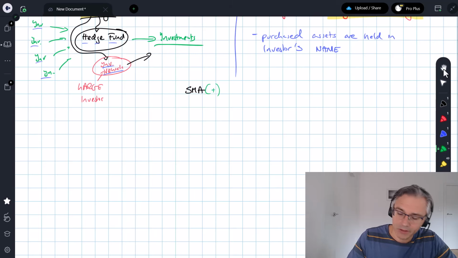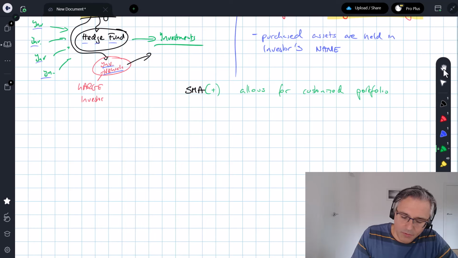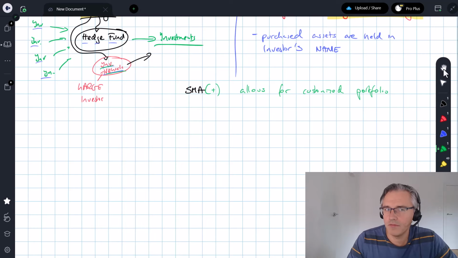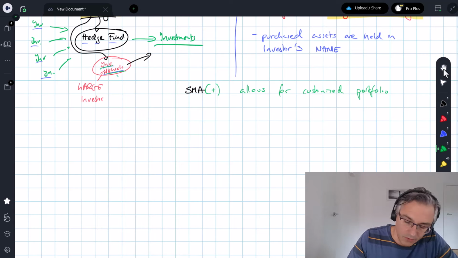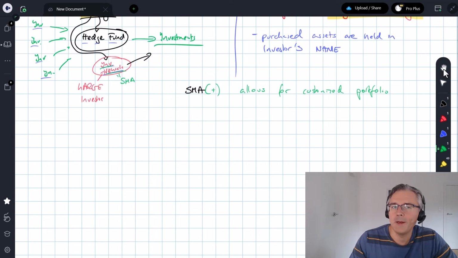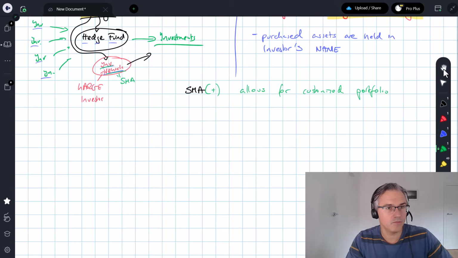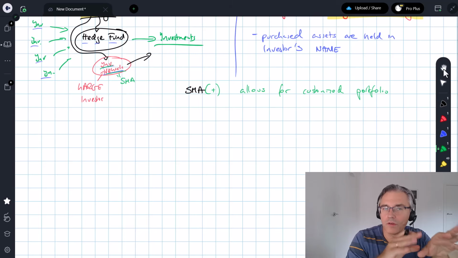It allows for definitely a more customized portfolio, because what goes into that separately managed account, this investment vehicle, which effectively is the SMA, doesn't have to be exactly the same stuff that goes into the hedge fund running parallel here. Certain assets may be omitted, others may be added, so as to better conform to what that large investor wants.